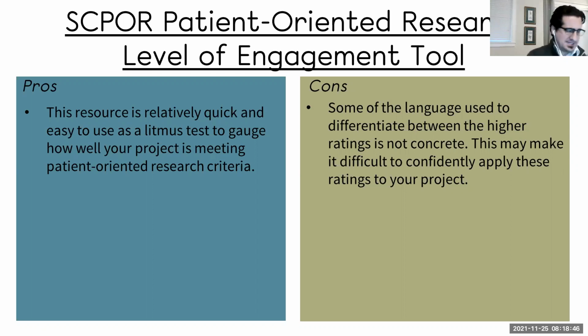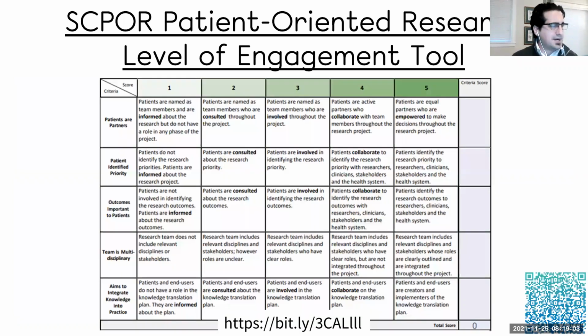Some of the drawbacks, or limitations, of the resource is that some of the language can get a bit challenging when differentiating levels of patient engagement. For instance, if you go back to the table, the first row looks at the degree of engagement of patient partners.